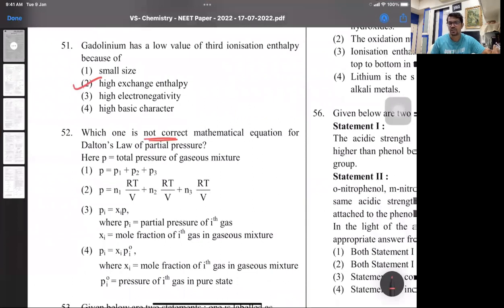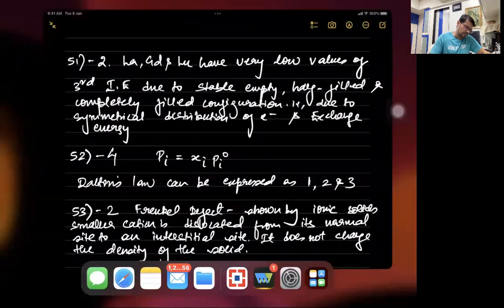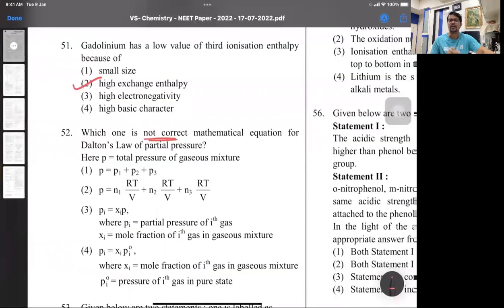So that can be expressed in terms of one, the first one, that's all the pressure, or in terms of the ideal gas equation, that is 2, which is PV = nRT, or it can also be expressed in terms of the third one, that is Pi = Xi P, where P is the total with respect to i number of moles of gas.